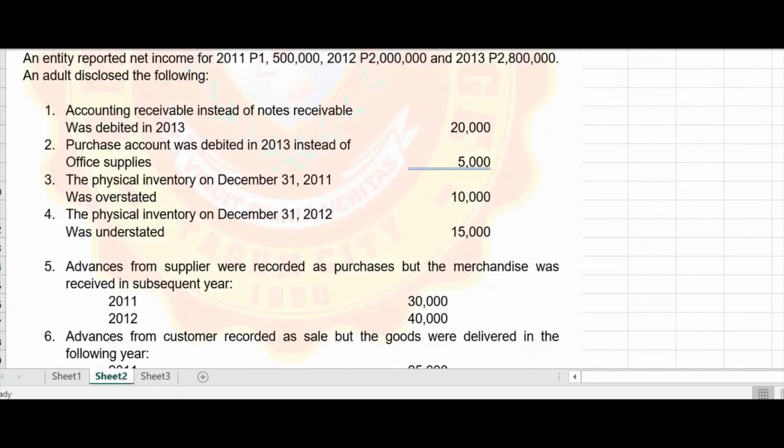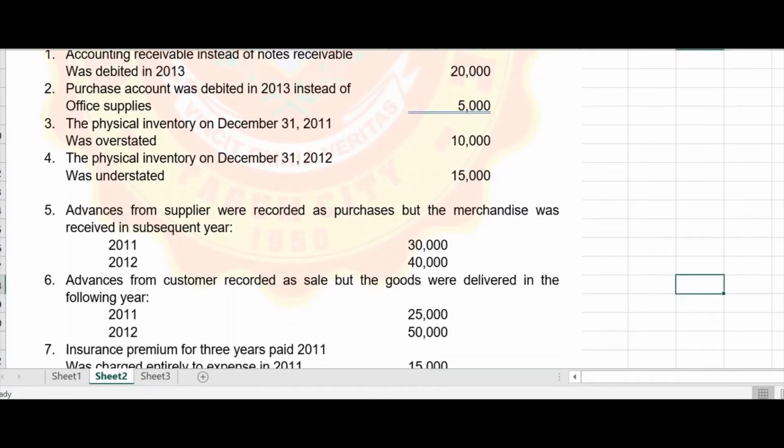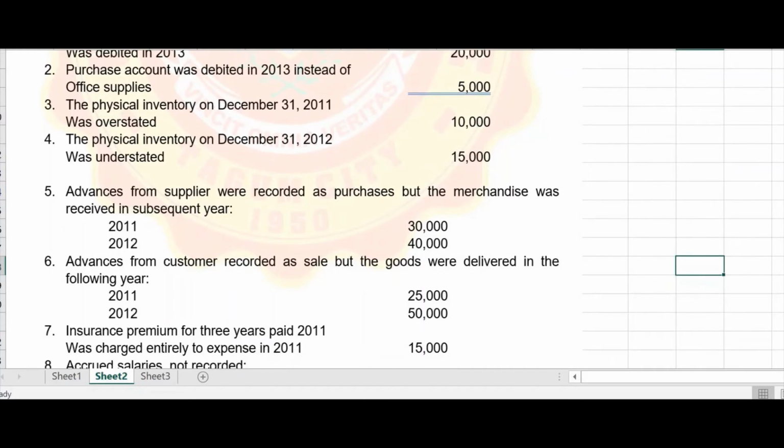Okay, so let's have number 6 na error. Advances from customer recorded as sale, but the goods were delivered the following year. Okay, so nag-advance ka sa customer.